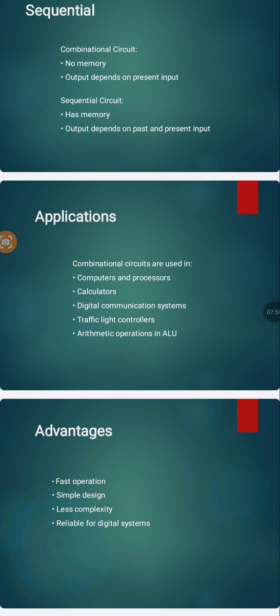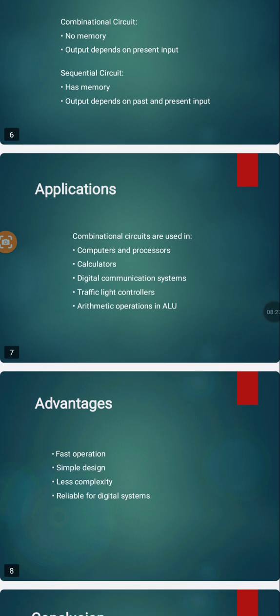Now let us see the applications of combinational circuits. Combinational circuits have many real life applications. They are used in computers, calculators, digital communication systems, traffic light controllers, and arithmetic operations in processors. These circuits help electronic systems perform calculations and decision making.